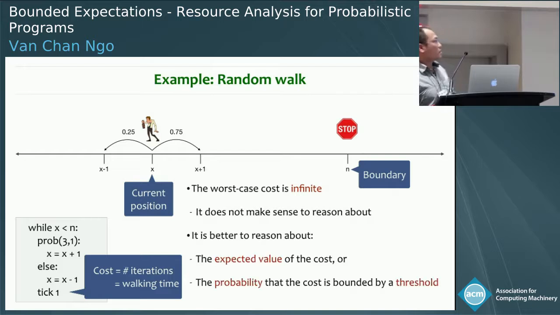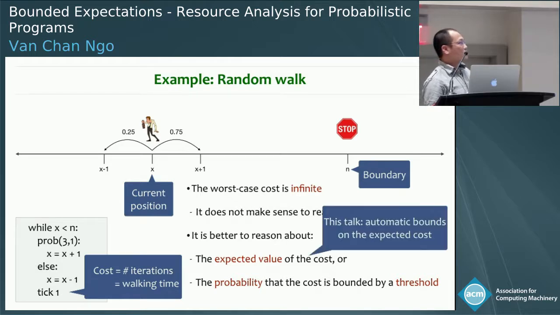It is better to reason about the expected value of the cost, or we can reason about the probability that the cost is bounded by a threshold. In this talk, we will talk about automatic bounds on the expected cost. Maybe it could be a homework for you to compute the expected value of the walking time for this program. Okay.